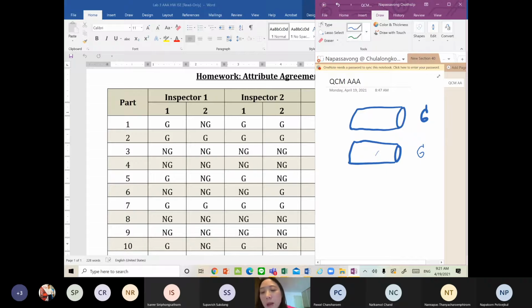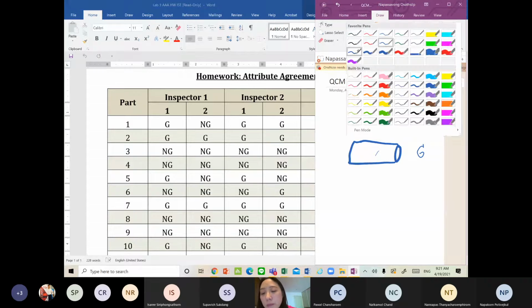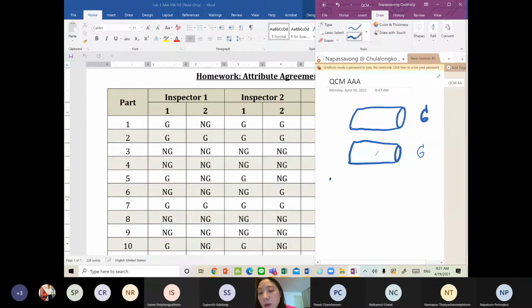For example, if the scratch length is less than 3 millimeters, or it's invisible at a distance of, for example, 1 foot from the part.